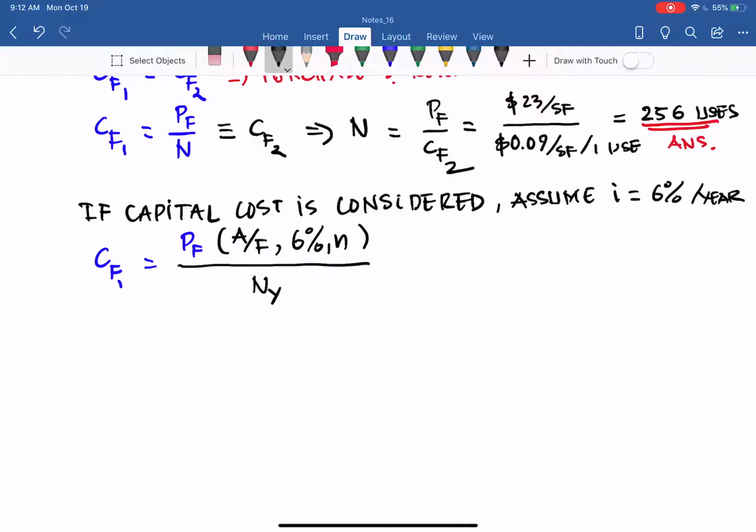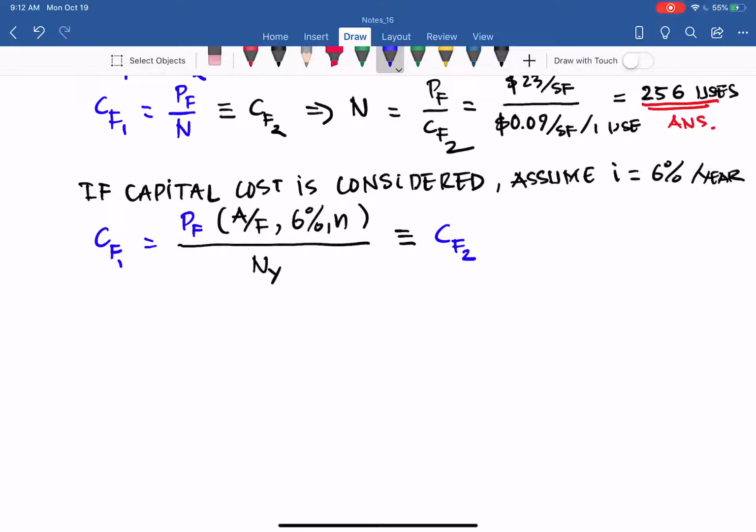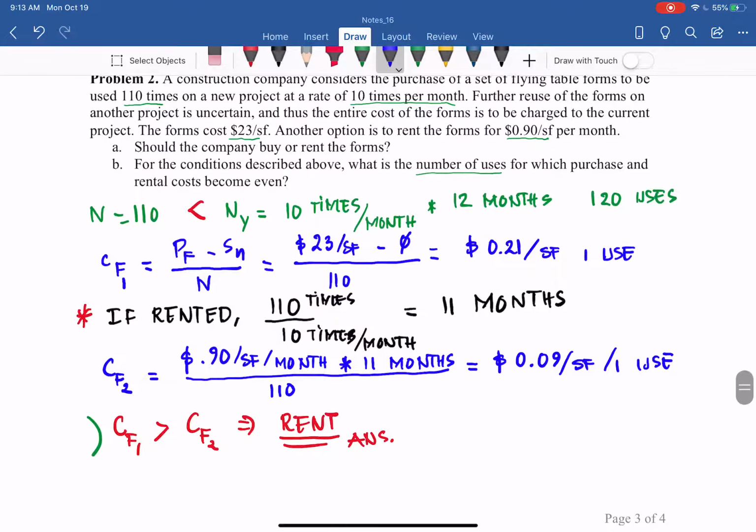And of course, to break even, it has to be equal to CF2, which we already found out. So from that, we plug in to find out. But before, we need to find out what n small is. We have NY. We found NY equal to 120 uses per year.